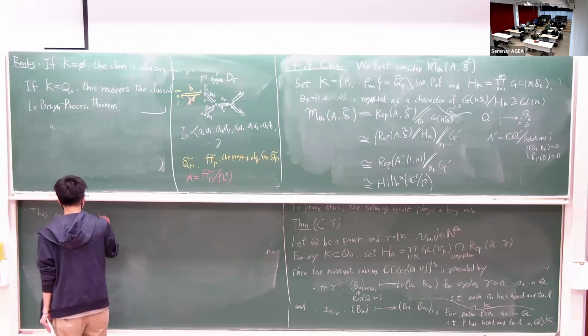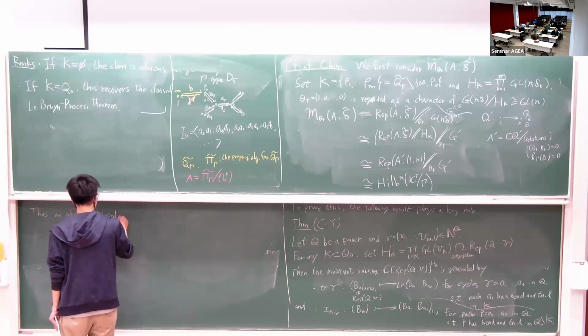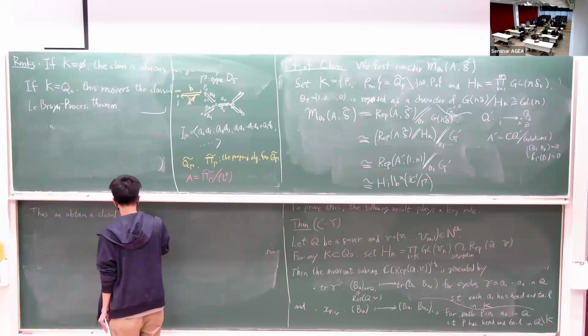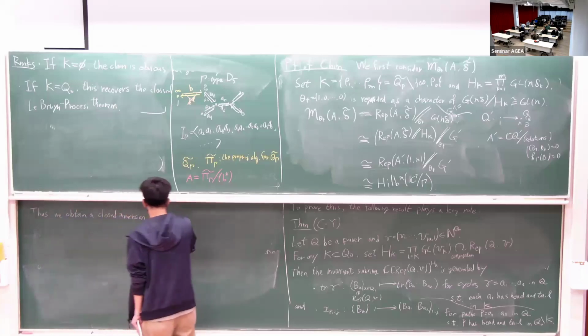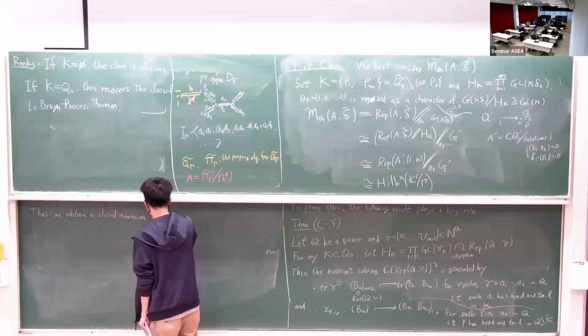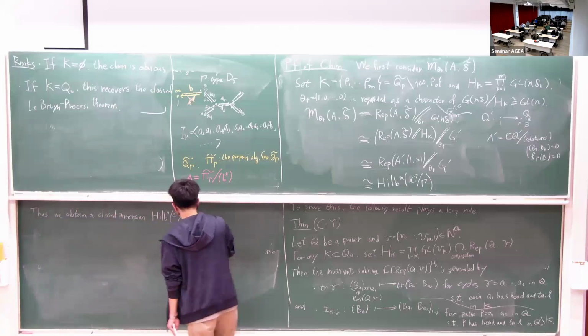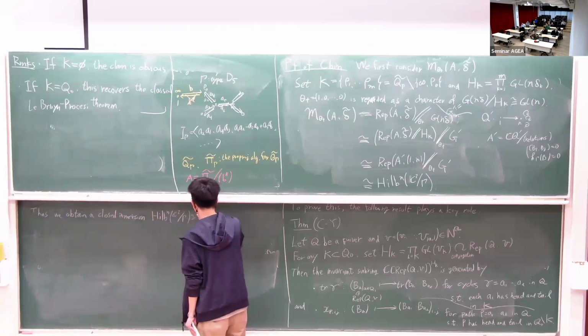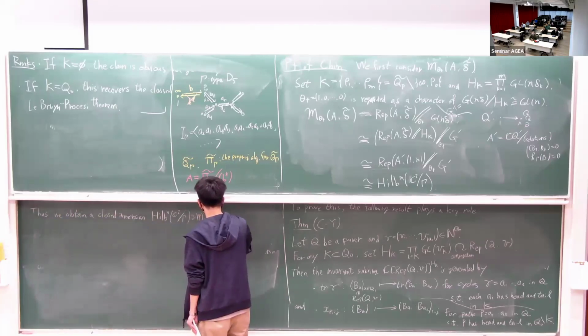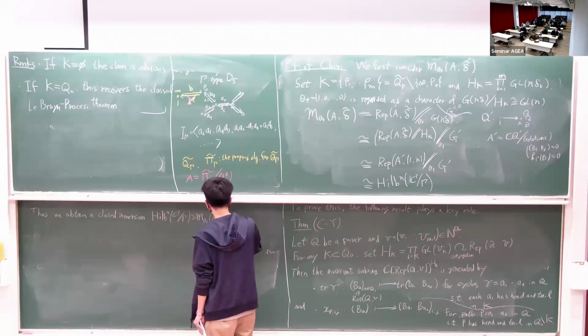a closed immersion from the Hilbert scheme of points on C2 mod gamma. So this is isomorphic to the moduli space for A delta tilde.